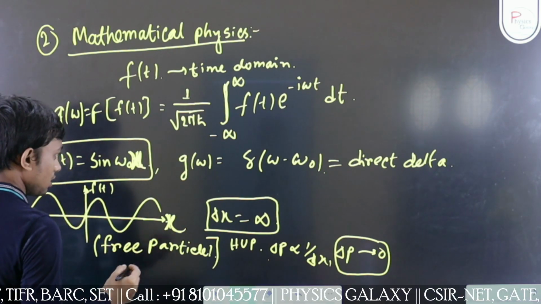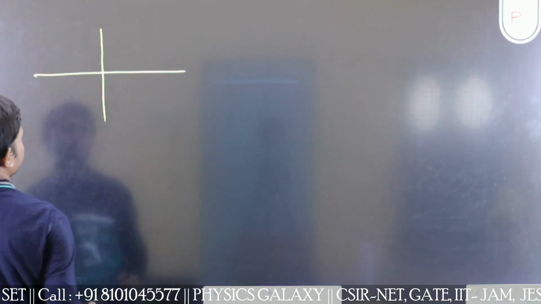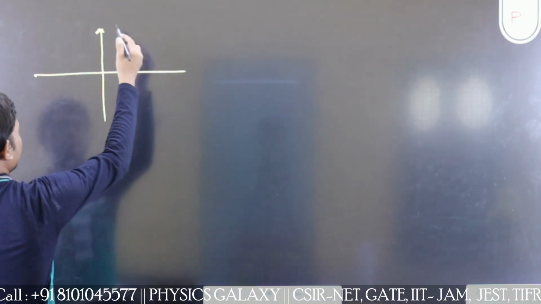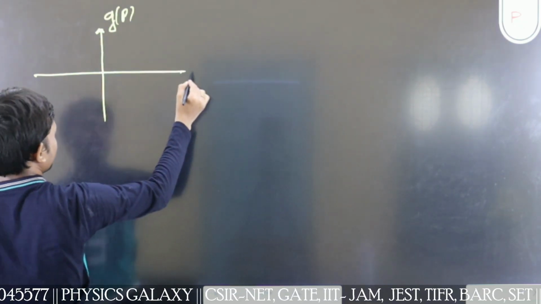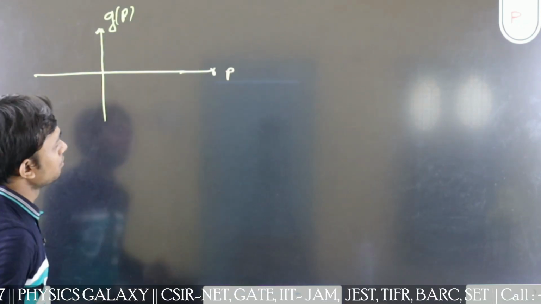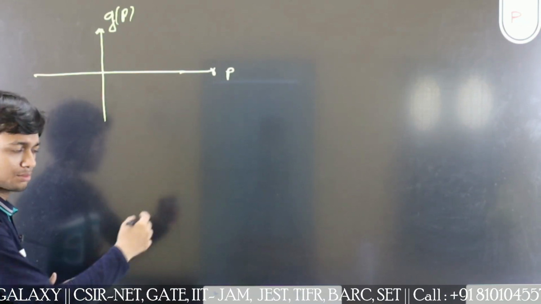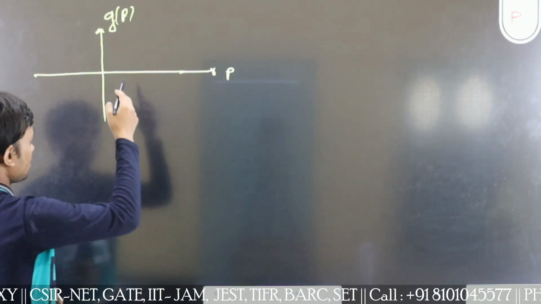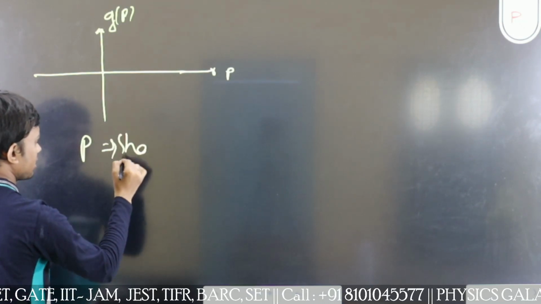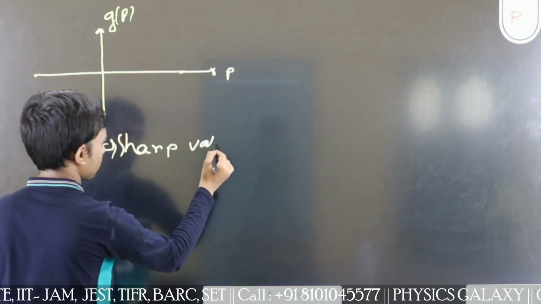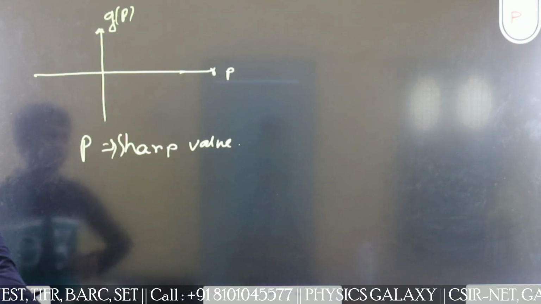So I told them that if we write the wave function, which I assume is g of p in momentum space, where the momentum of the particle is fixed in the position space, it is also for the momentum space where momentum has a sharp value. For this we need the sharp value.